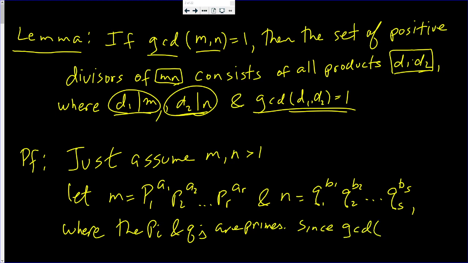Since the GCD of m and n is 1, that implies that no p sub i equals some q sub j.